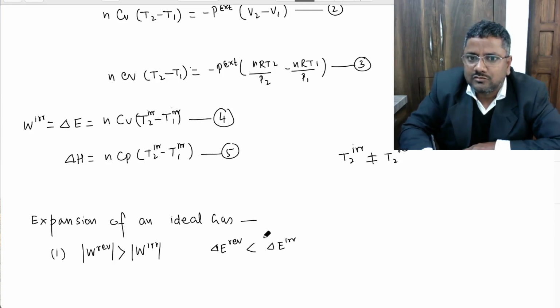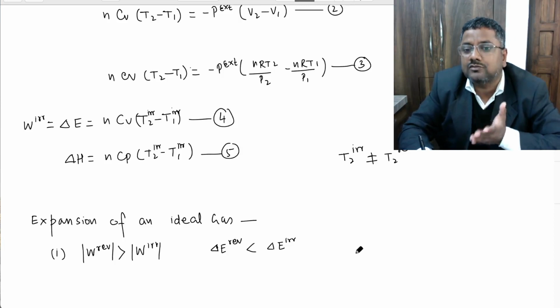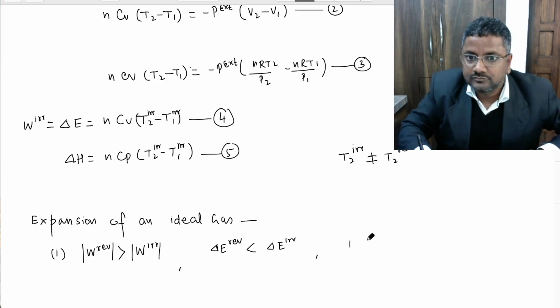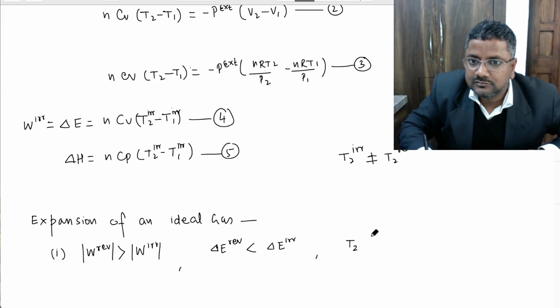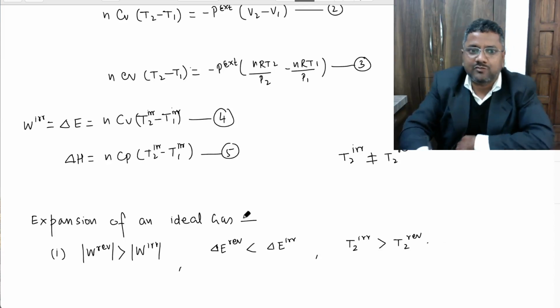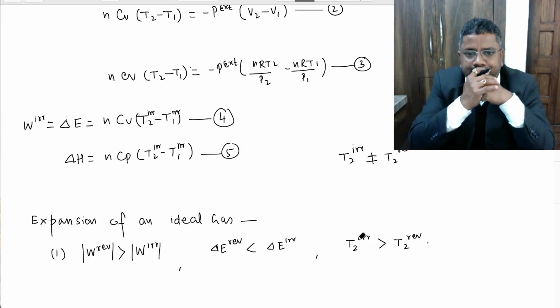So the final temperature in case of reversible is less than irreversible. So you can say that the T2 irreversible is more than the T2 reversible. Hopefully all of you are getting this point. This is a very important point, and you can get the question directly based on this.